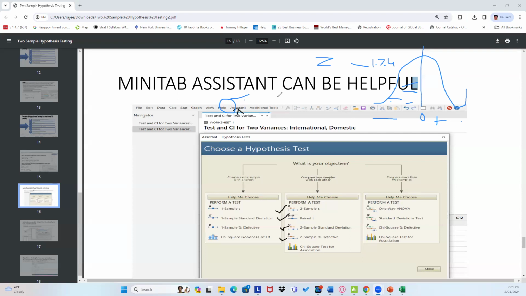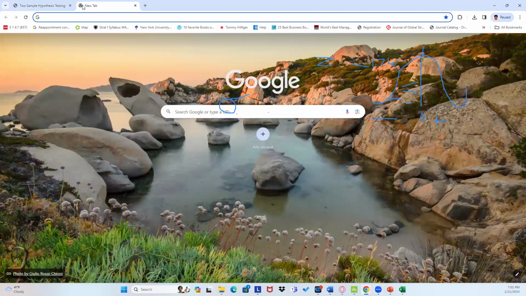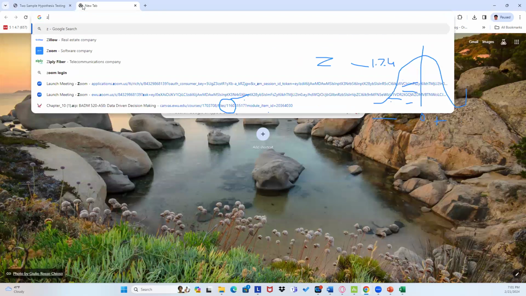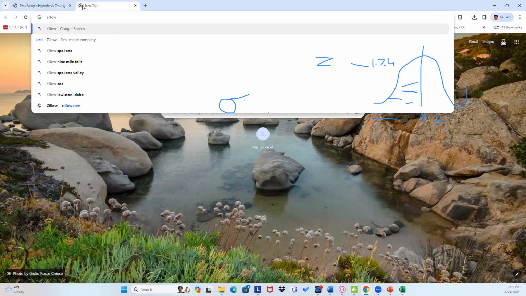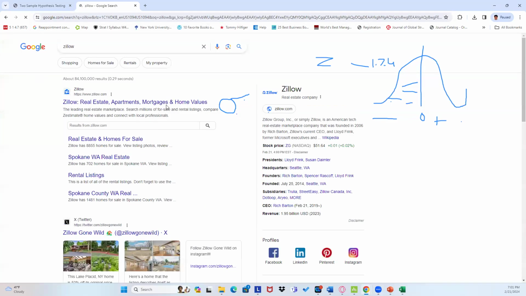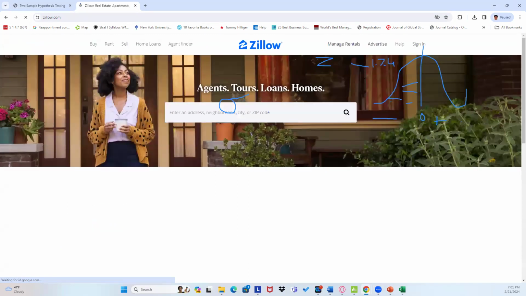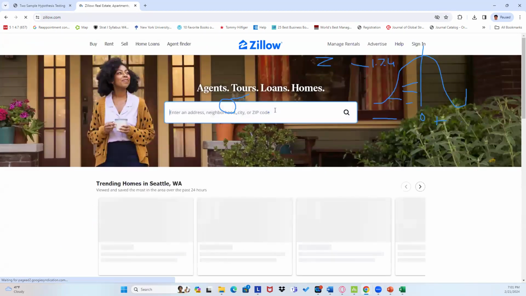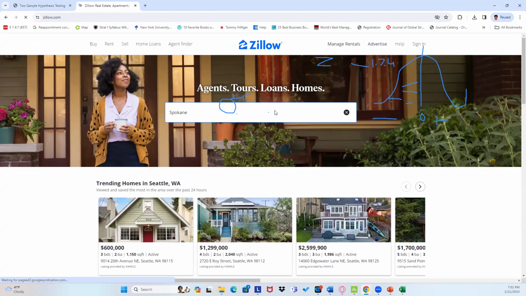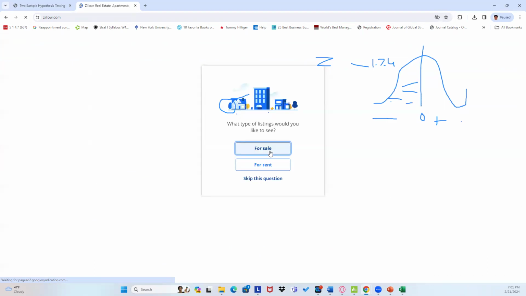Let me show you. Like I said, you can use Zillow or Realtor. You can pull the numbers for a sample of 30, 40, 50 or whatever number of houses, and then do the calculation. It's easy on Minitab.